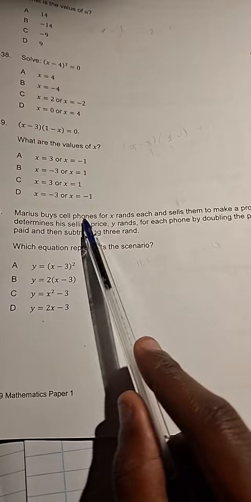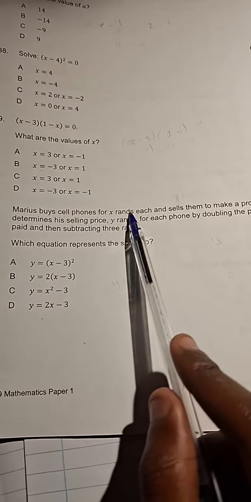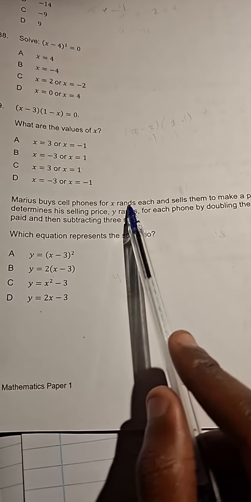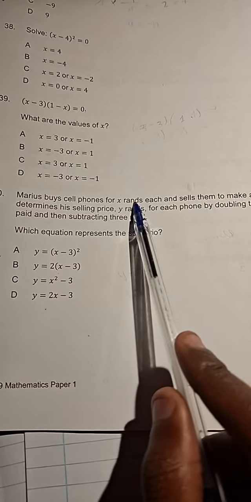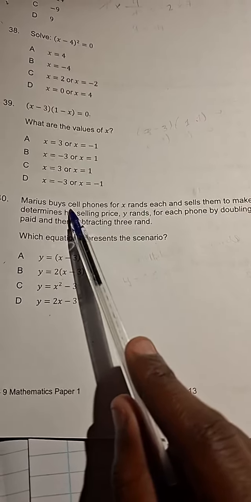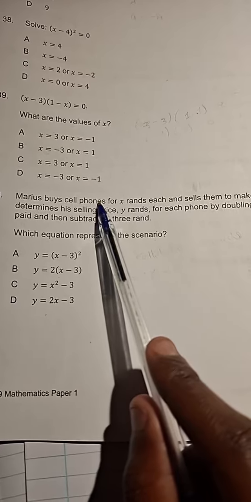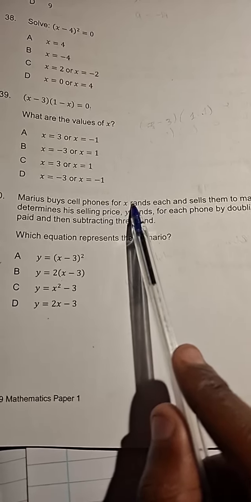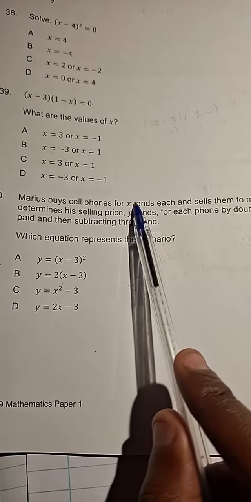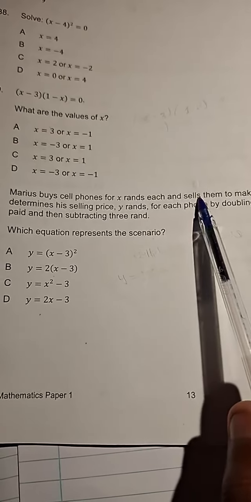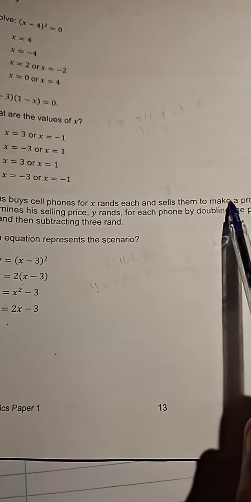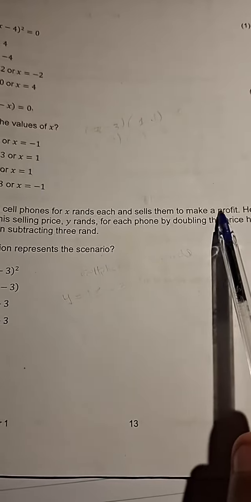Let's look at this question where Marius is buying a cell phone. Marius buys cell phones for x rands each and sells them to make a profit.